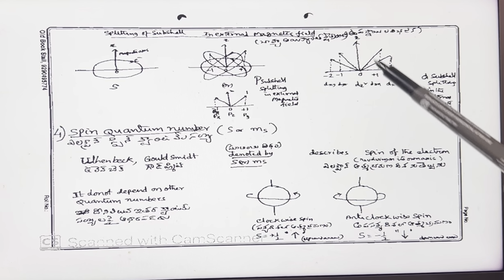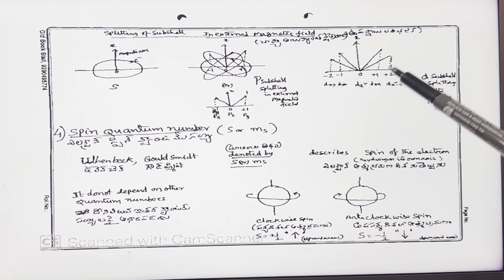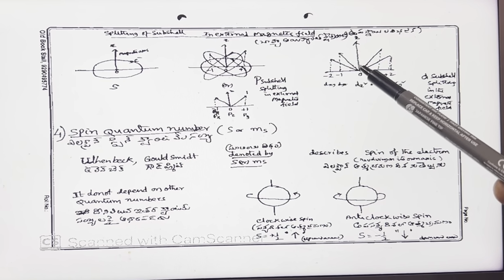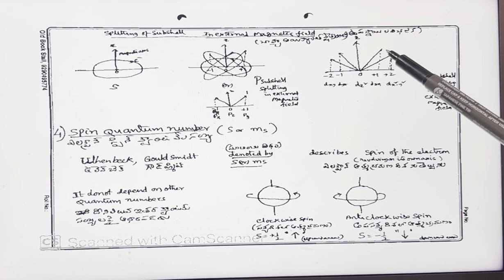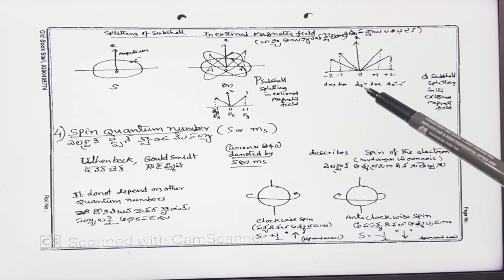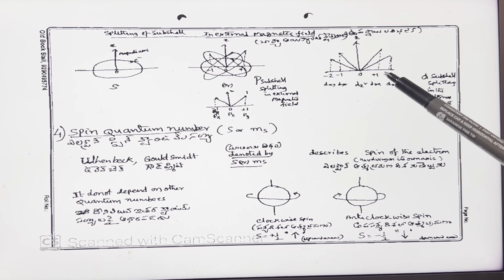So, 5 orientations are possible in the presence of an external magnetic field: -2, -1, 0 as the normal, and +1 and +2. A total of 5 values are taken by d orbitals in the external magnetic field.